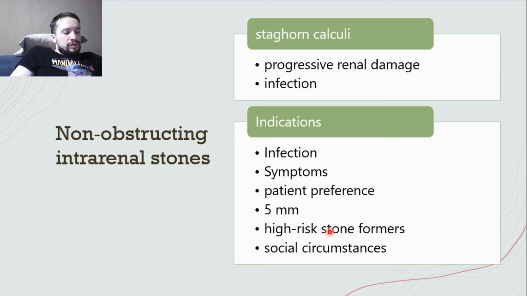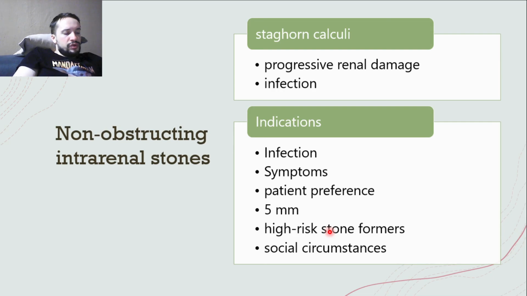Non-obstructing intrarenal stones do not always require treatment, depending on size and associated symptoms. The risk of symptomatic episodes for small non-obstructing renal calculi is 10-25% per year. However, all staghorn calculi should be treated, as they may lead to progressive renal damage and infection if left.